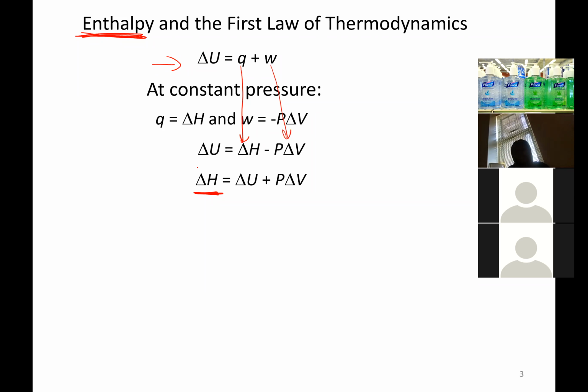It doesn't matter if in an experiment the thing goes through 17 different pressures. What's the end pressure and what's the beginning pressure? That's all you need to know. So pressure is a state function, volume is a state function, and enthalpy is a state function. Okay? So you do need to know that. Do you have any questions on that? Okay.